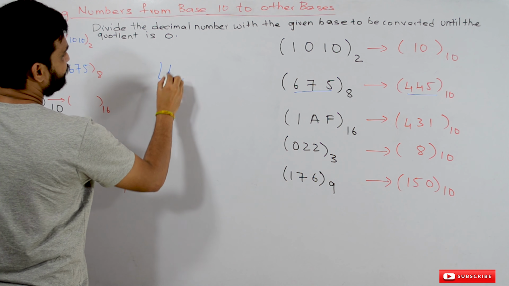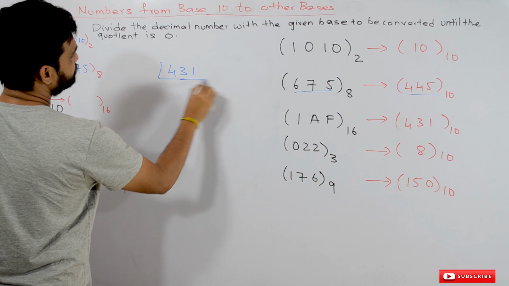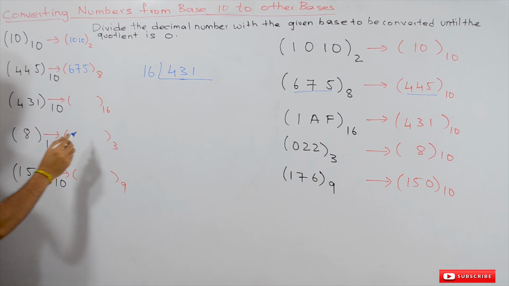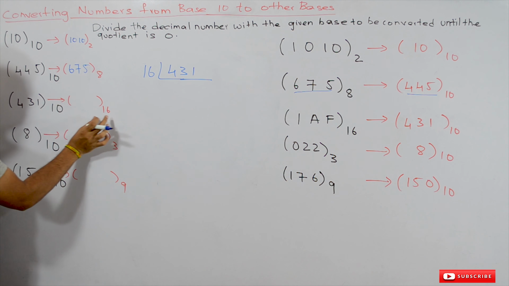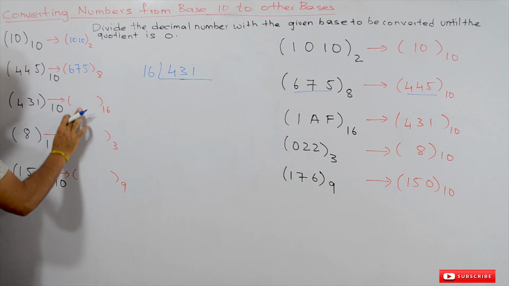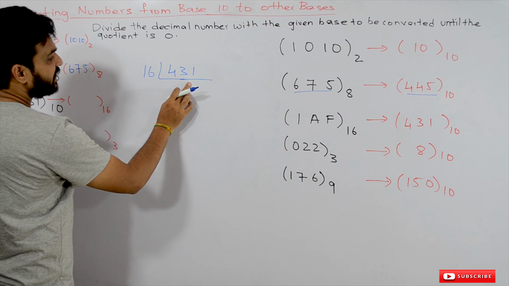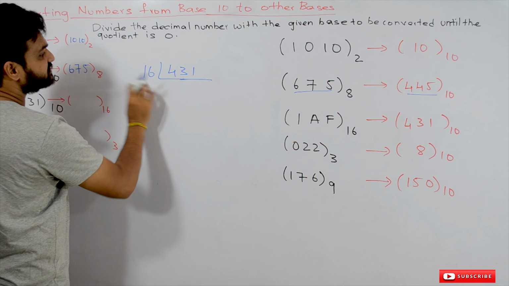431 to the base 8. So we would like to convert this decimal number 431 to base 16. For that, we have to divide this number by 16.